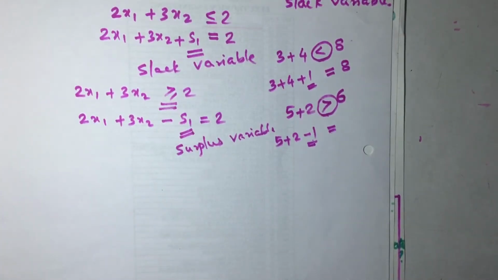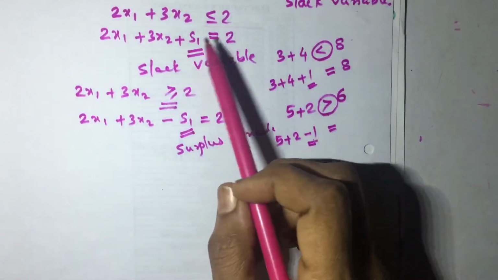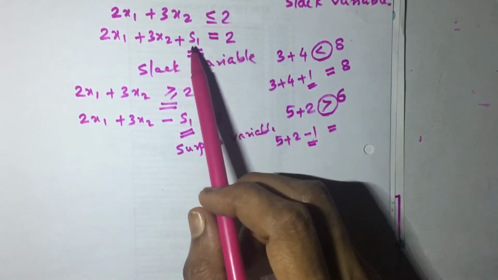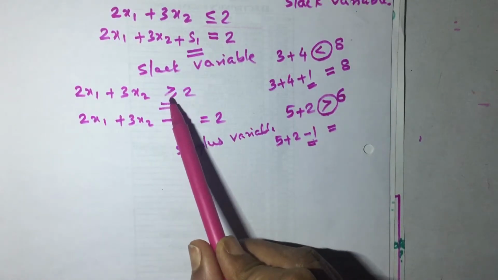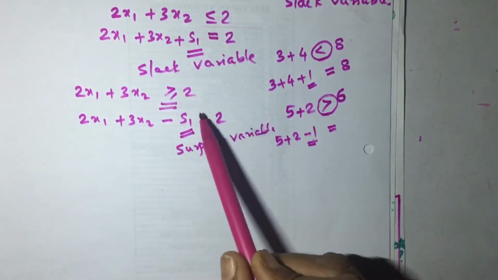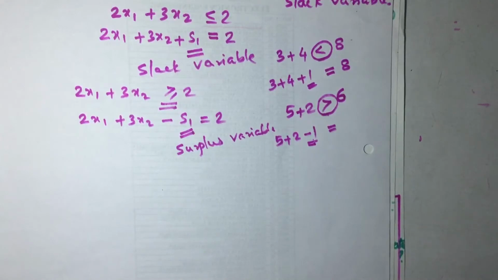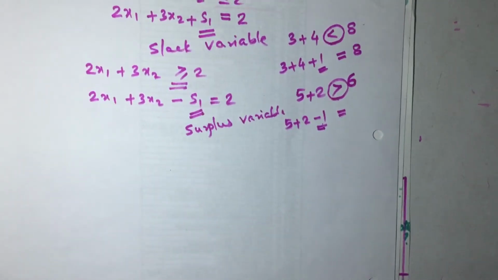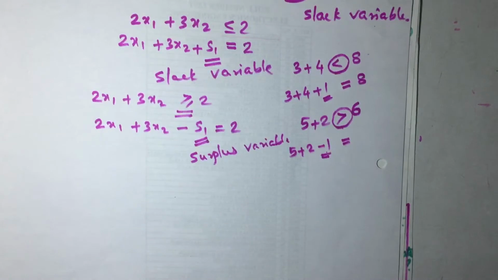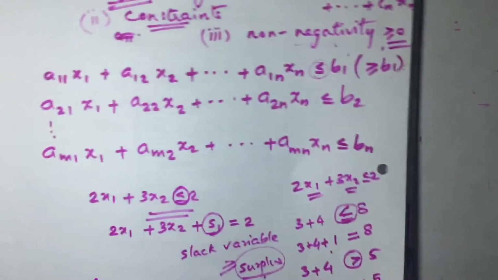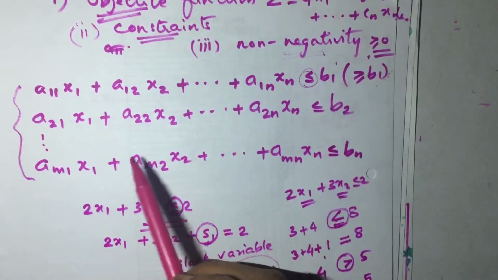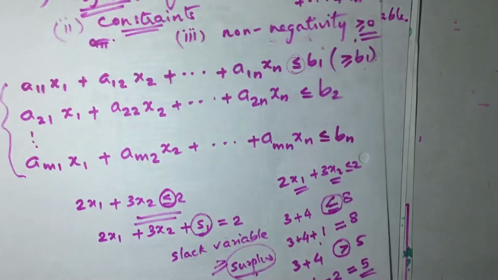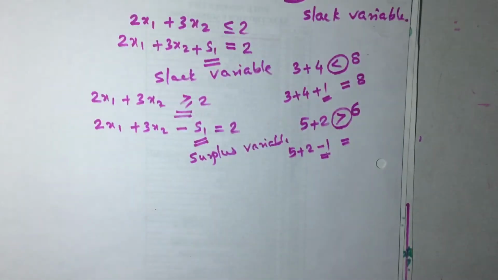Then to make a less than or equal to sign an equal sign, you add a non-negative term, and to make a greater than or equal to symbol an equal sign, you subtract a non-negative term. Now any solution which satisfies the non-negativity conditions, that is, the set of values which satisfies these non-negativity restrictions, we call a feasible solution.